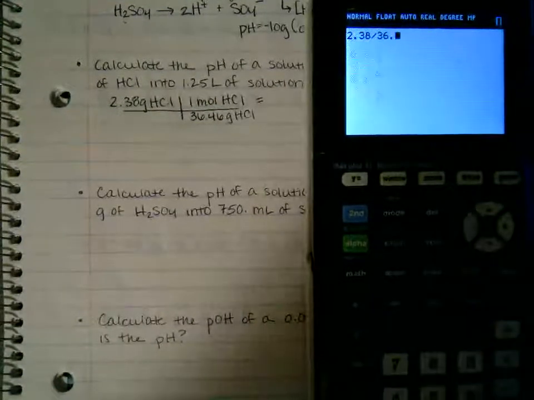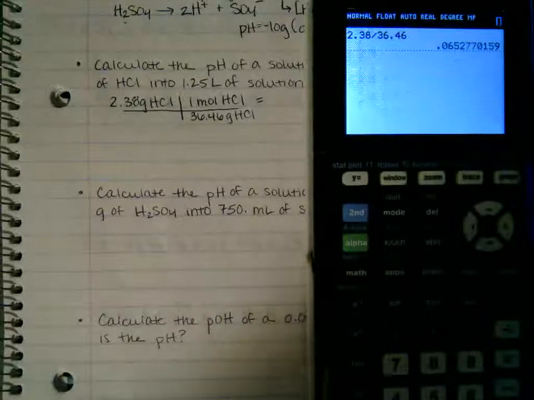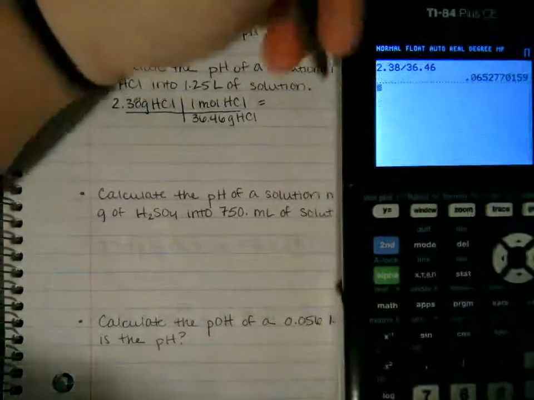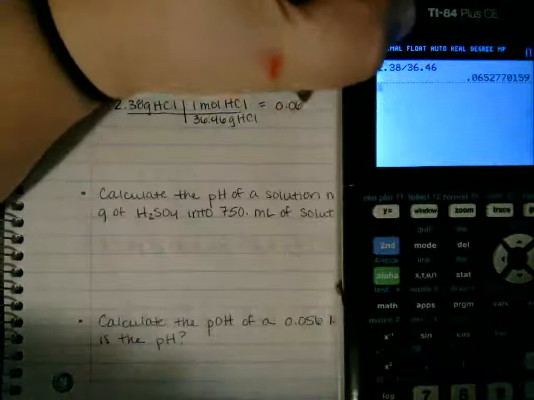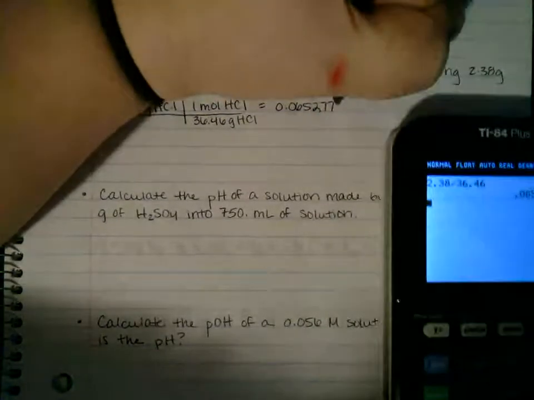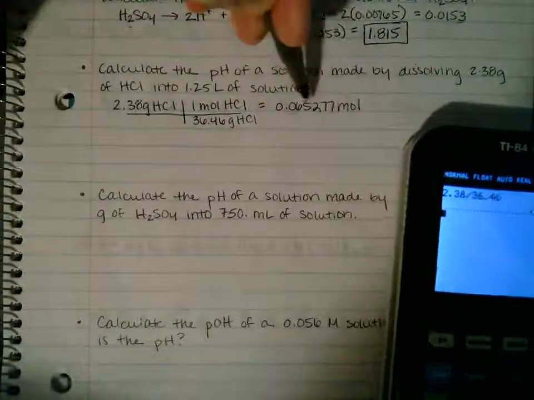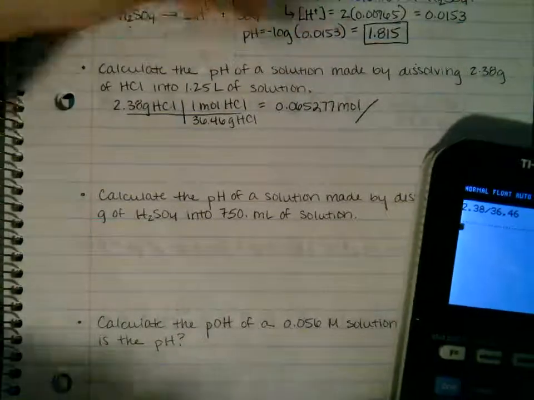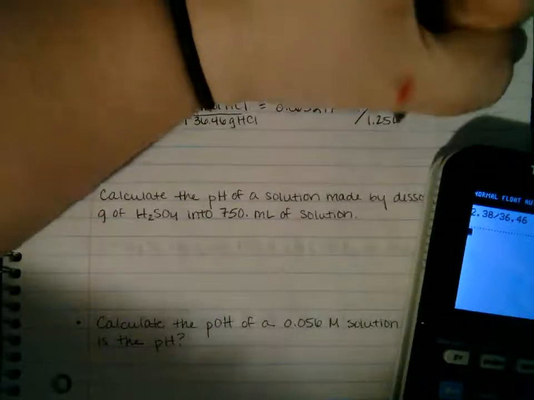Our number of moles is, I'll round for sig figs at the end here. We have that many moles of HCl dissolved into 1.25 liters.